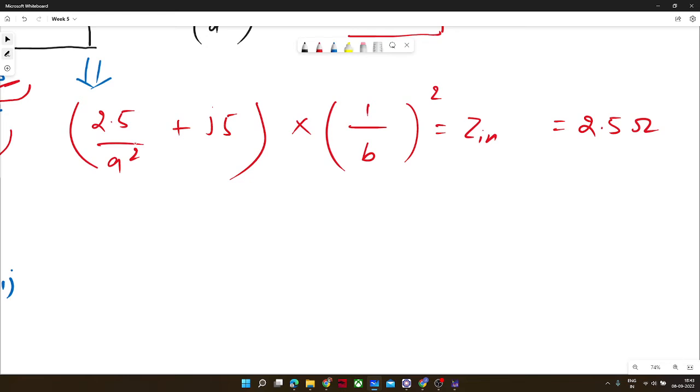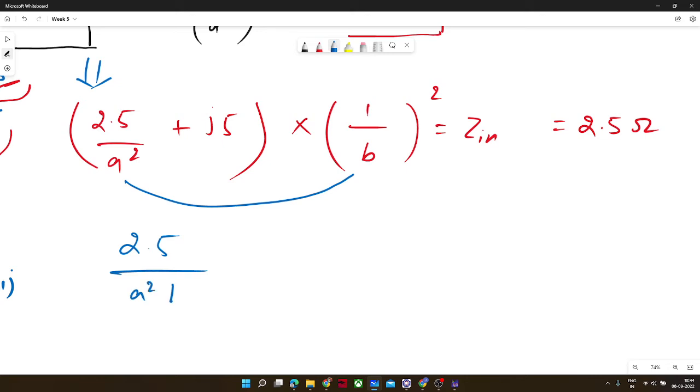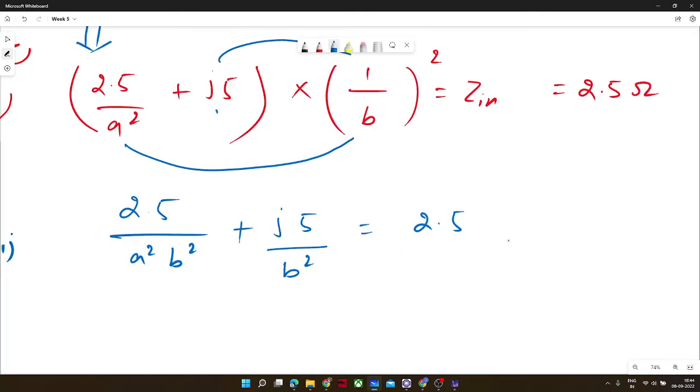So I will multiply first these two terms. So I will get 2.5 by A square B square plus, after this multiplication, J5 by B square is equal to 2.5. Okay, fine.